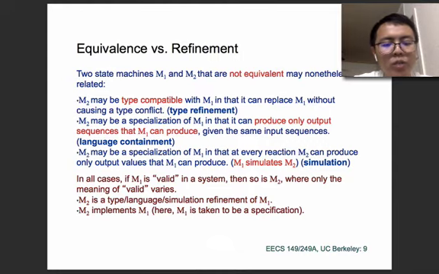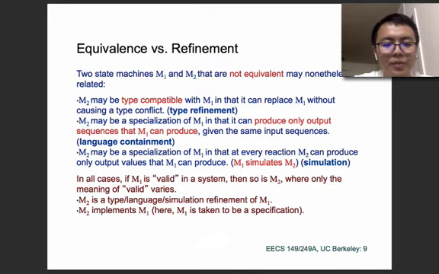And M2 may be a specialization of M1 in that every reaction of M2 can produce only output values that M1 can produce. So this means M1 simulates M2.